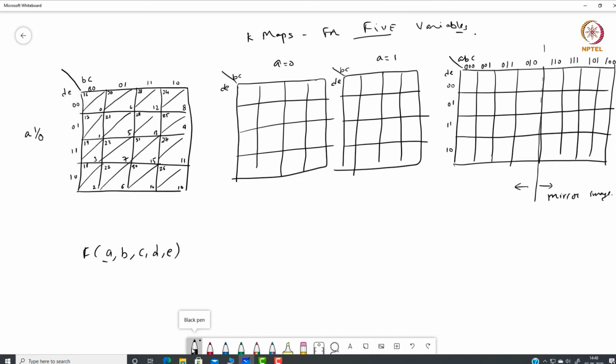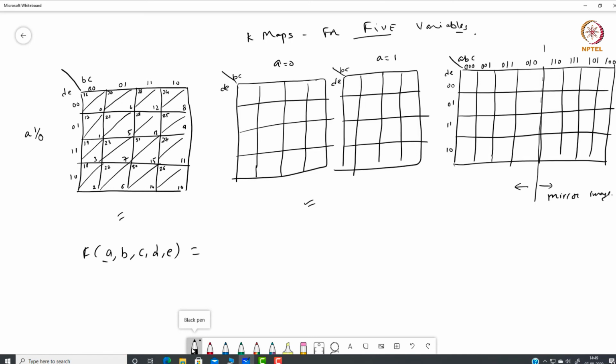Okay, so these are the various ways we can draw K-maps of 5 variables. So I would suggest that either we use this approach or we use this approach, although whatever you find easy, you can use any of them. The basic principle still remains the same: if we are given some particular function of 5 variables, we will draw all these and then create cubes.